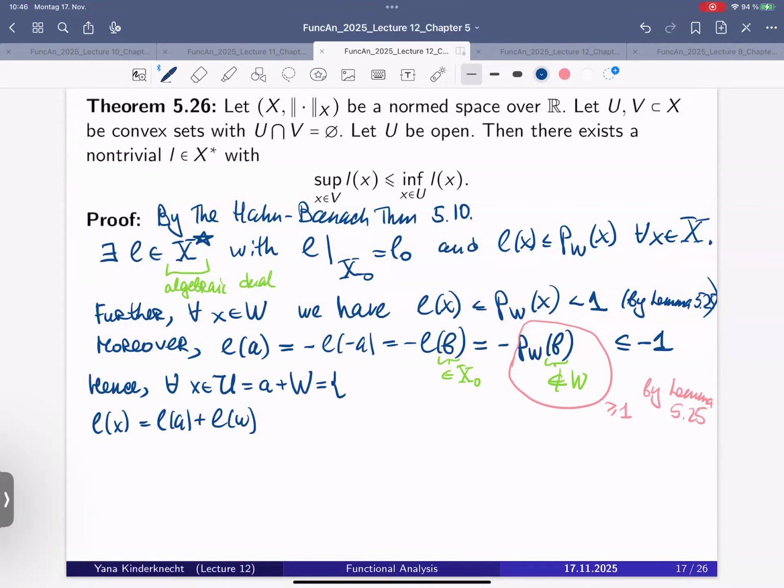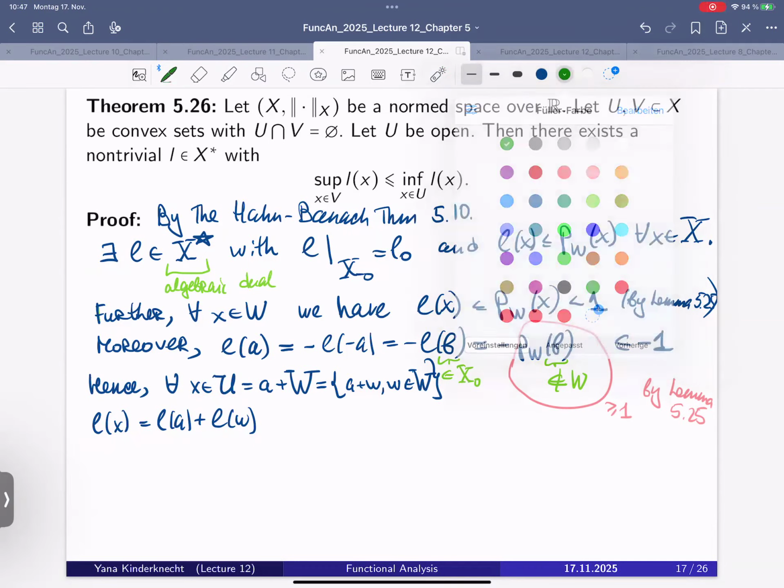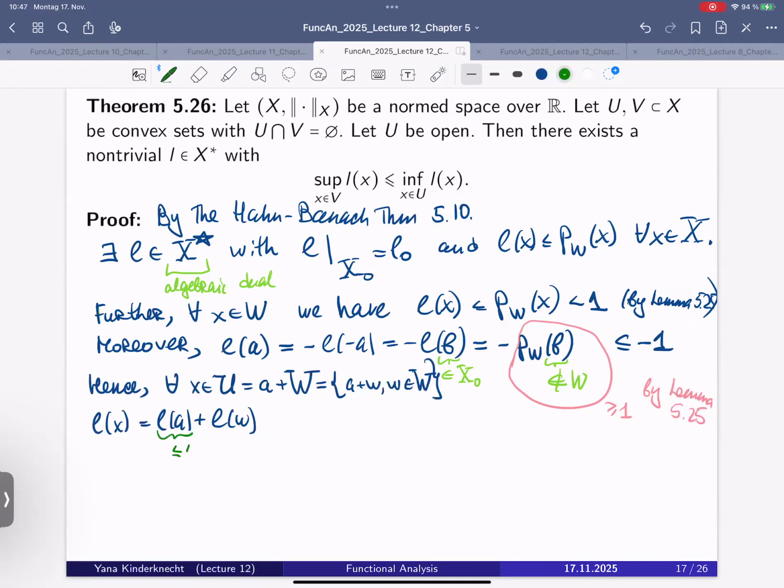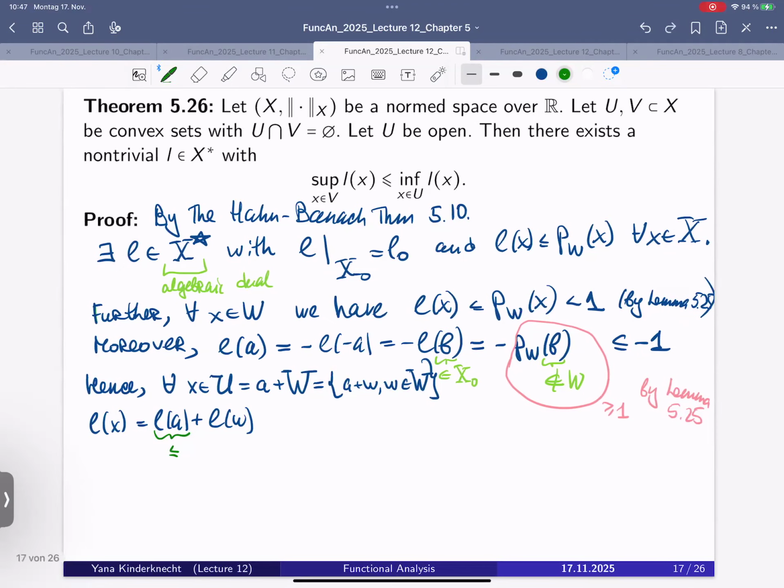So I recall that A plus big W is the set of points A plus small w, where small w is an element of big W. That is, each x from this set has this form. And hence L of A is smaller or equal than -1.